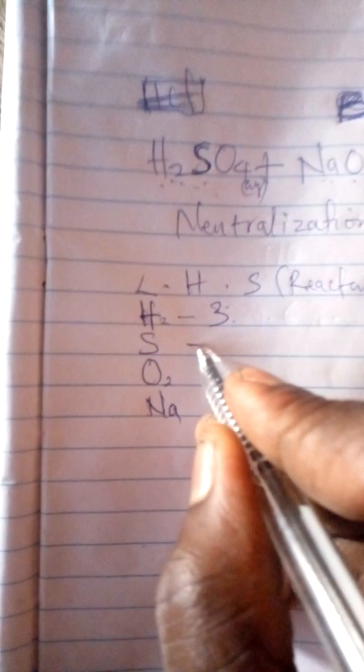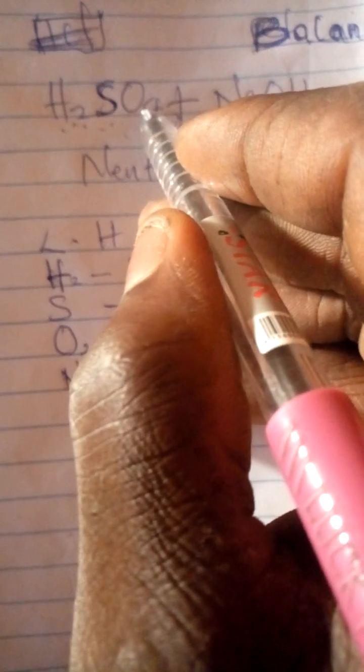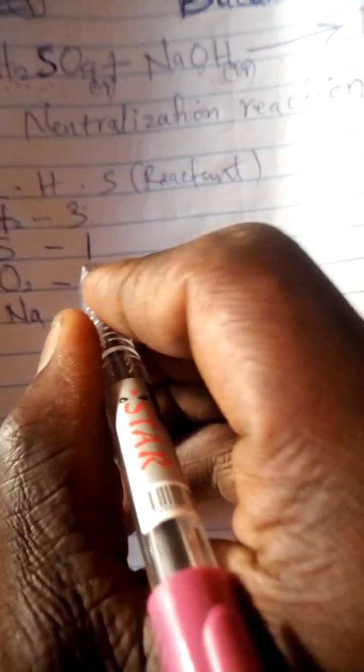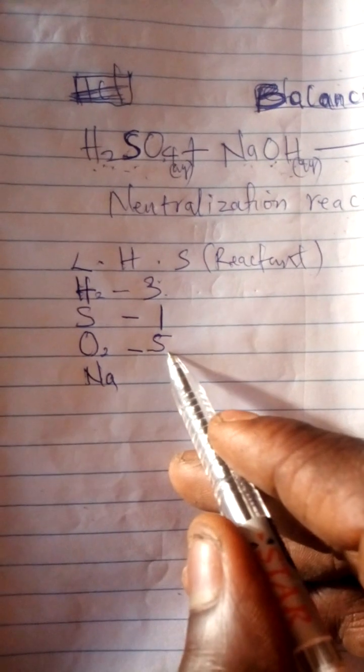So come to the left hand side again. Sulfur here is 1, while sulfur in the right hand side is also how many? 1. So look at oxygen in the left hand side again. Oxygen is how many? This is 4, this is 1, making it 5.